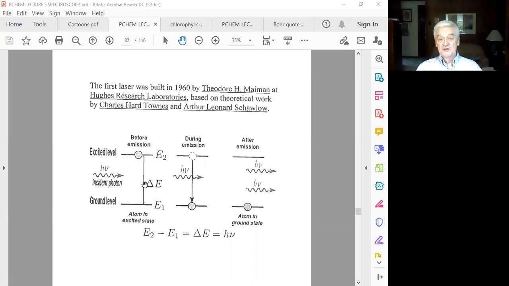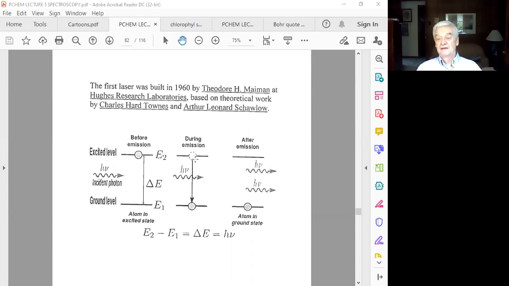Okay, so here's our picture. We've got to get molecules or atoms into an excited level. So we're looking at one single molecule. We shine in an incident photon, and that photon stimulates, that's why we have the S in laser, this molecule to drop from the higher state to a lower state.